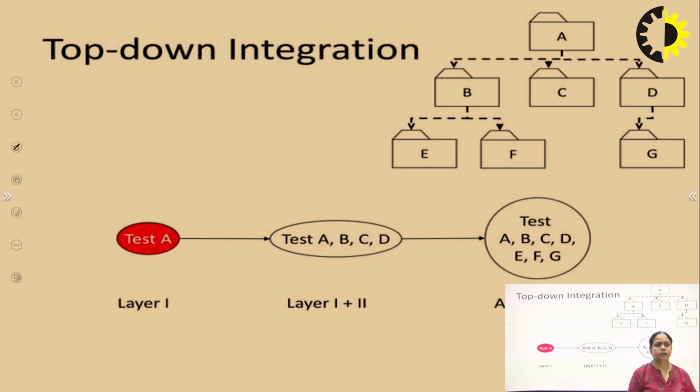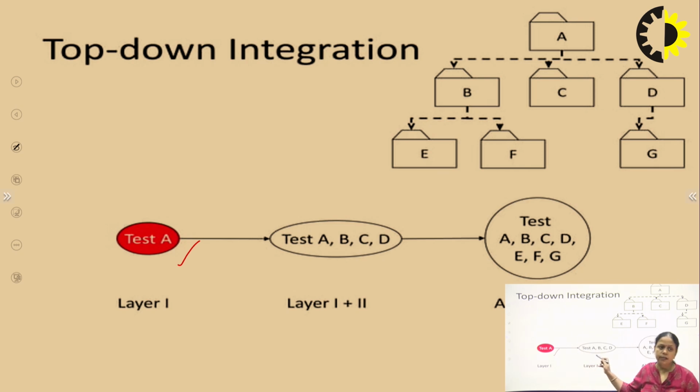For example, you can see here A is the top module, then we have B, C, D on the same level, and then E, F, G on the same level. We will start from layer 1, which only tests A, because this is the top module. Next layer we have A, B. Now we have A, B, C, D because we have already taken A.